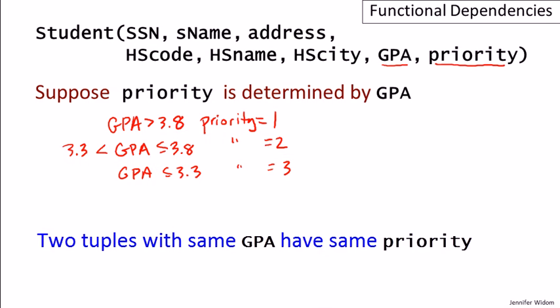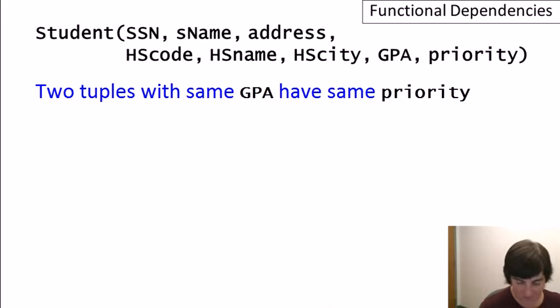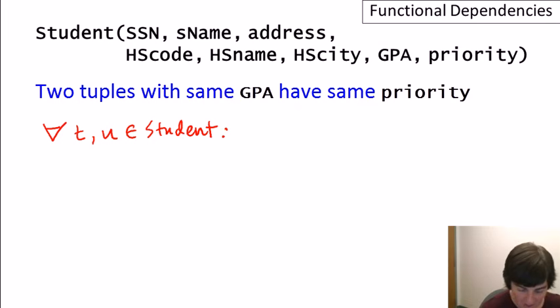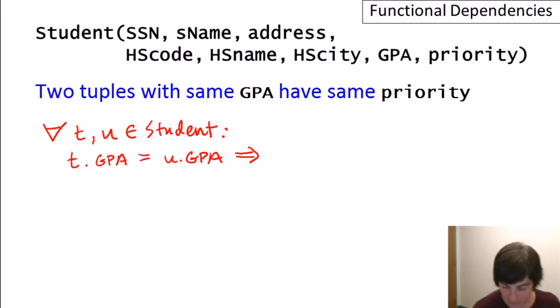And let's formalize that concept. I'm going to write a little logical statement here to formalize the concept. I'm going to use the for all symbol from predicate logic, and I'm going to say if we have any pair of tuples, so for all t and u, those are tuples, in the student relation, then if t and u have the same GPA, so if t.gpa equals u.gpa, then, and this is the logical implication symbol, t.priority will equal u.priority.